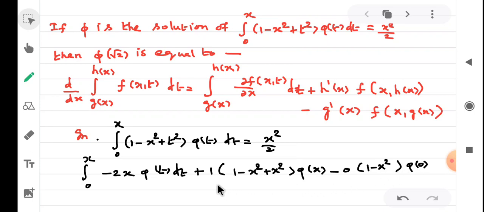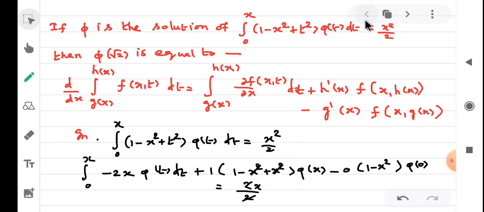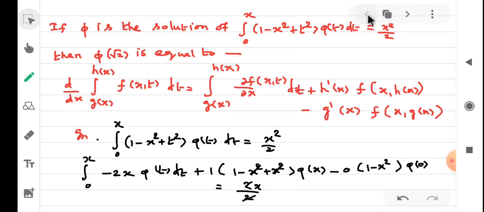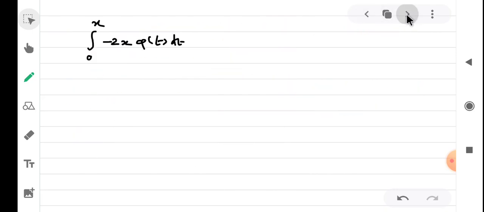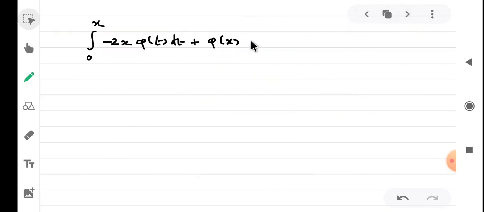Okay, phi of 0, which is equal to derivative of x square, this is 2x, this 2 and 1 by 2 is constant, so it will cancel. This plus x square minus x square will get cancelled. So finally I will get integral 0 to x minus 2x into phi of t into dt plus phi of x is equal to x.